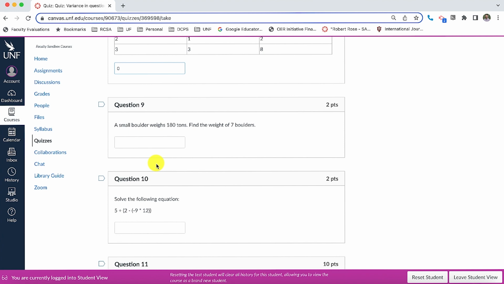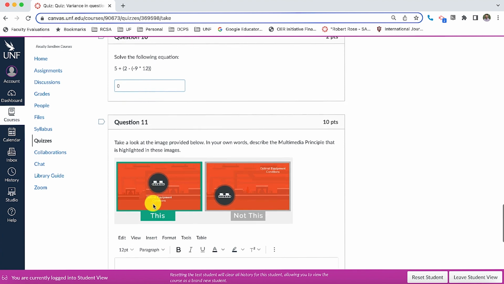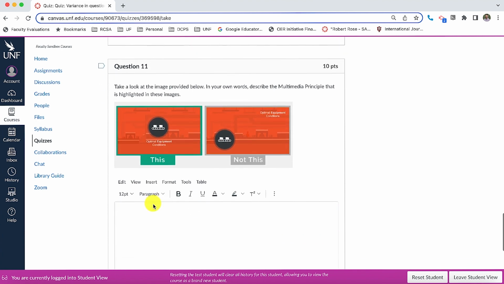So it's similar in that way. However, what you're going to see when we look at this from the teacher side is that we can give Canvas instructions to generate a wide range of values within the formula so that individual students' questions are not going to be the same as their classmates. So I'm just going to put an answer in here. We'll take a look at this once we submit the results.